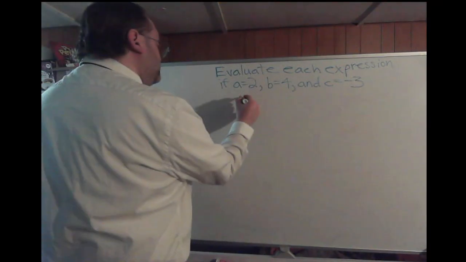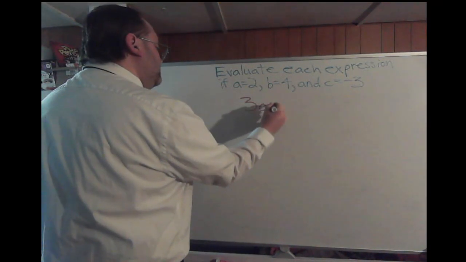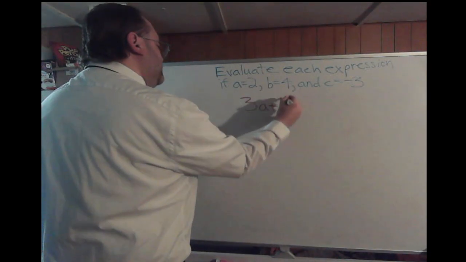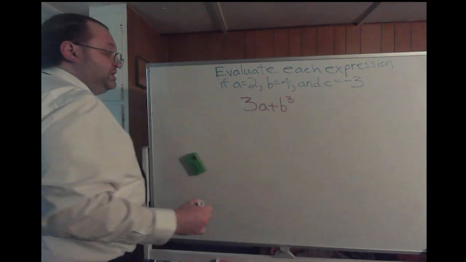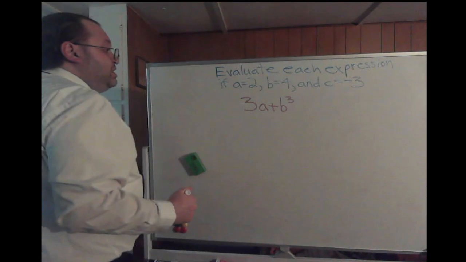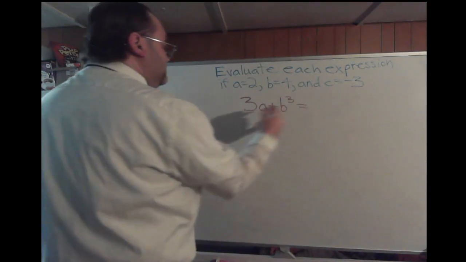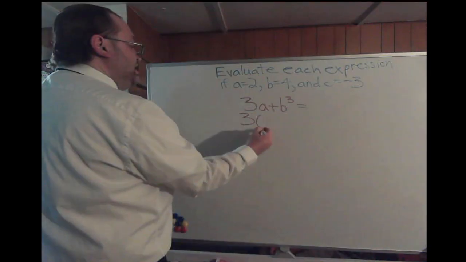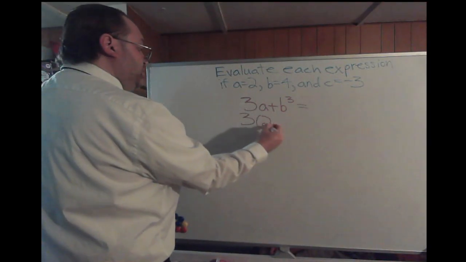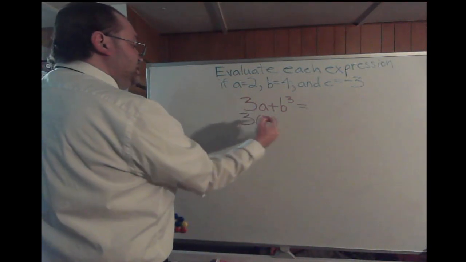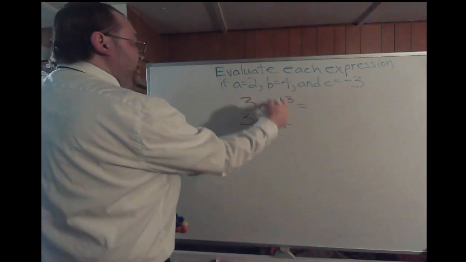Alright, how about 3a plus b cubed? Once again, you're going to substitute in the values for a and b. So you'll have 3 times, what is the value of a? That's 2. Plus, what is b? That's 4.